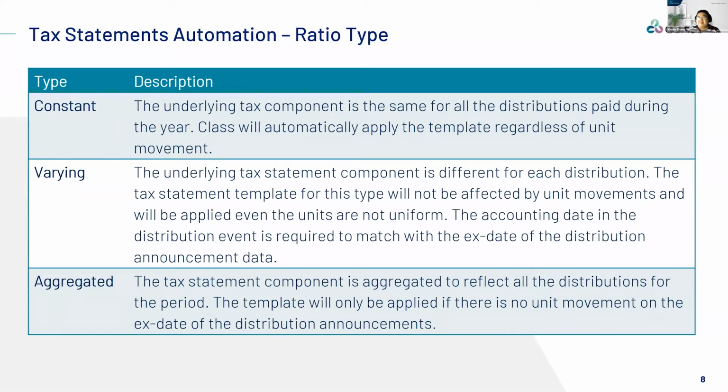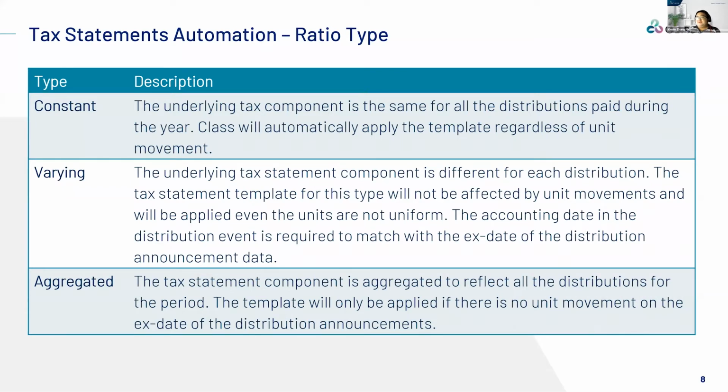We are basically reverse engineering those components, and when we enter the tax statement templates, it's actually 4 templates instead of 1. This also means that regardless of whether you buy and sell those types of listed trusts or managed funds, the ratio will be accurate as well. Common examples of varying ratios are usually associated with exchange traded funds, particularly Vanguard and iShares, as well as stapled securities. And the final group is what we call the aggregated tax statement ratio.